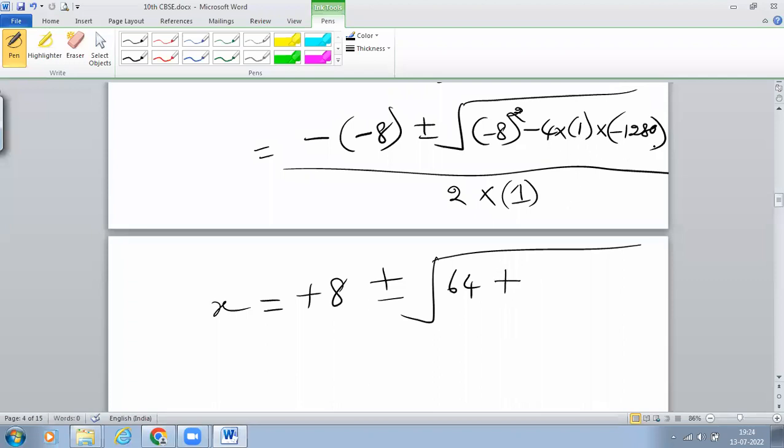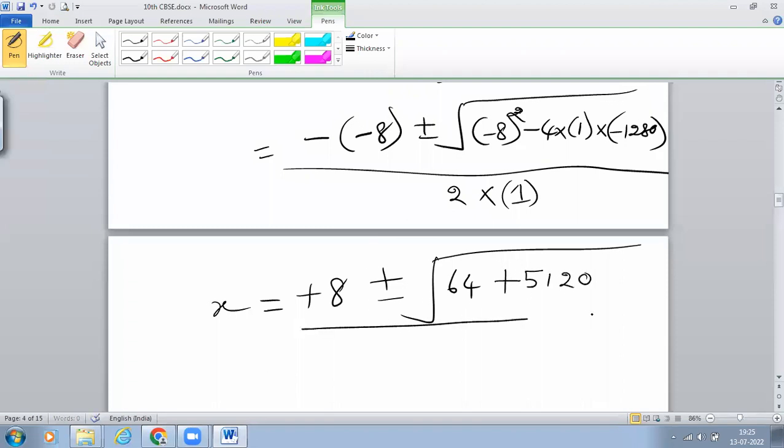What is 4 into 1280? Find the answer and tell me. 5120. Very good. 5120 is the right answer.